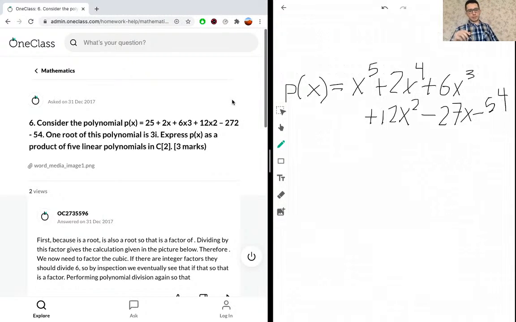And the question is telling us that one of the roots is equal to, x is equal to 3i.